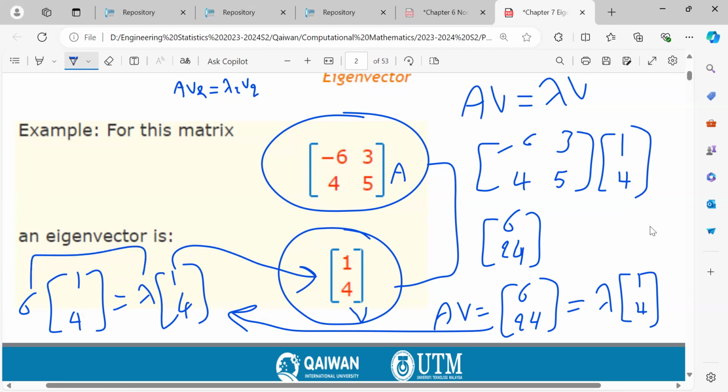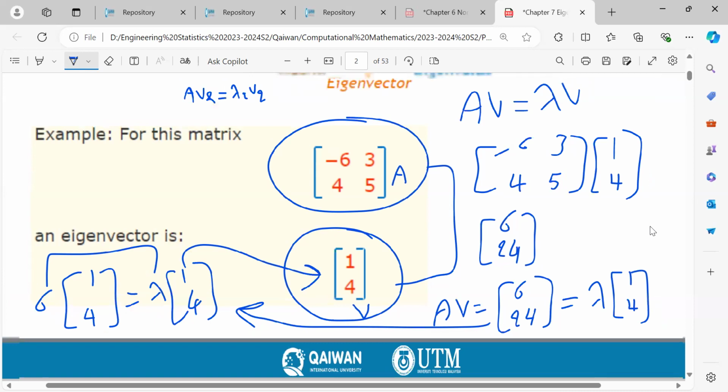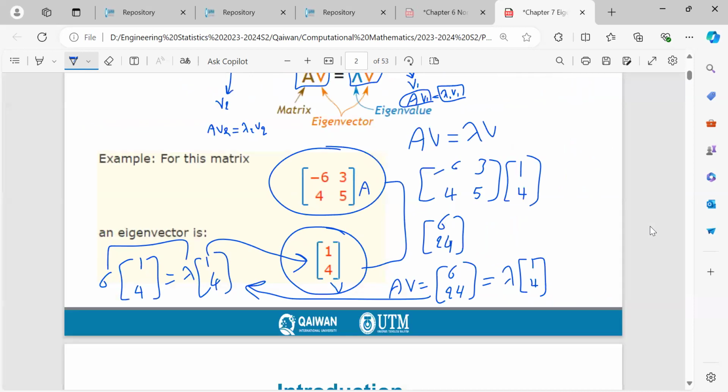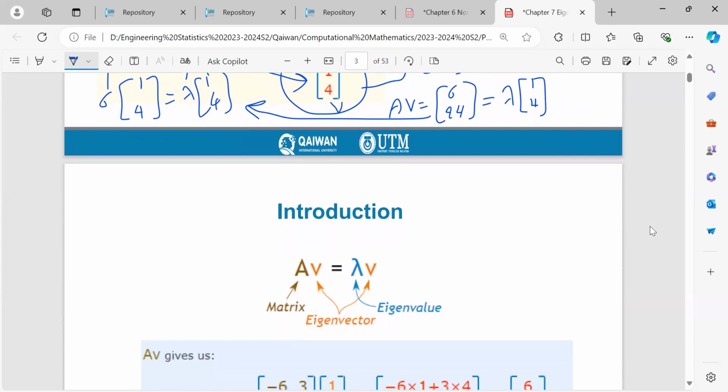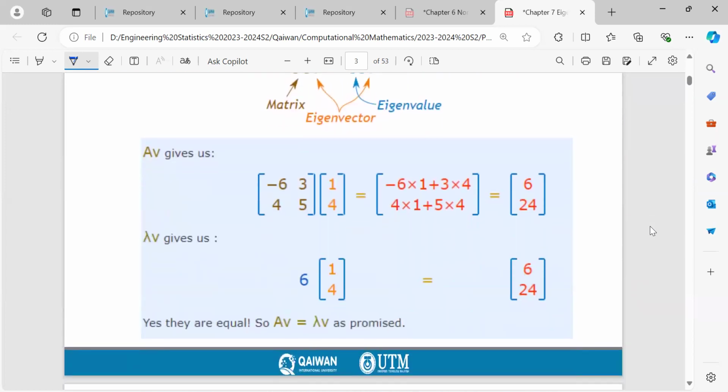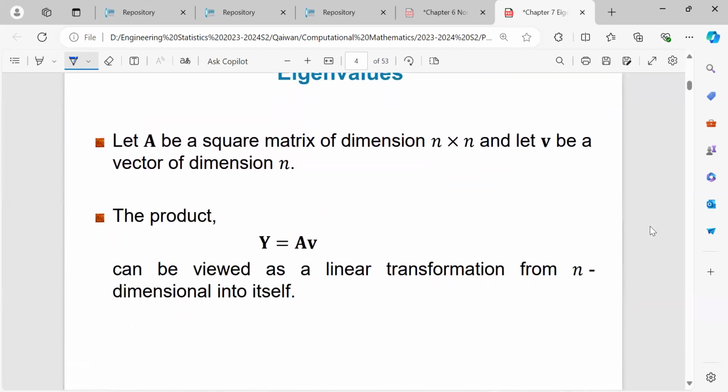If we multiply V by 6, we get 6 times V. So lambda here is 6. To find eigenvalues and eigenvectors, we'll talk about these.